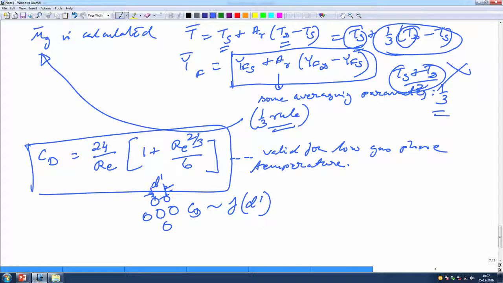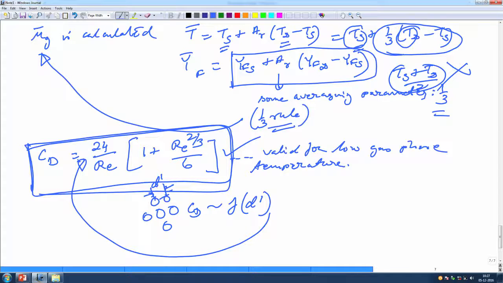So this is an empirical formulation valid for a single droplet. This term also has to be incorporated somehow, because of the shielding effect that the droplet creates. How the CD will depend on that is an open ended question, got it. So this takes care of the droplet motion part, whatever we did, this is droplet motion.